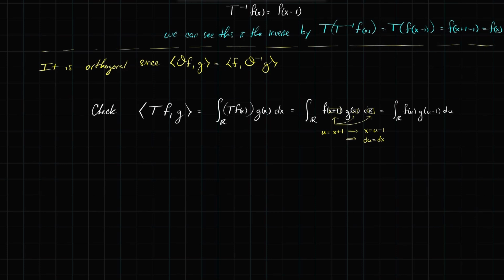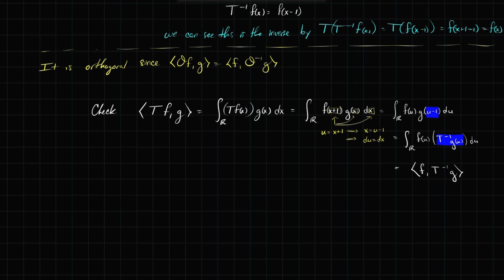And this last term can be rewritten as the integral over R of f of u, of T inverse of g of u du, right? Because T inverse is what pulls me to x minus 1, or if my variable is u, it pulls me to u minus 1. So there's the T inverse. And what is this? This is just an inner product, right? F. But all of a sudden, T inverse is now on g.